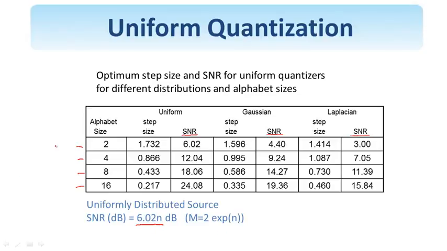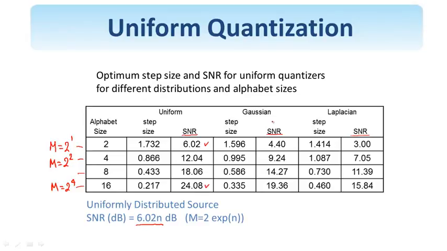So here I have m equals 2 to the first, 2 squared, 2 to the fourth. So we see that for n equal 1, I have 6 dB. For n equal 2, I have 2 times 6, n equals 3, n equals 4.